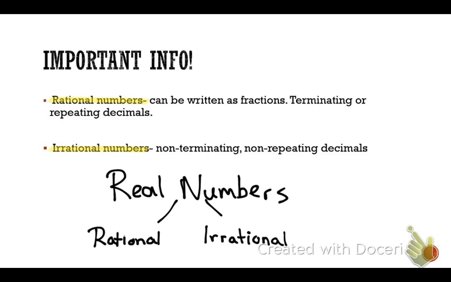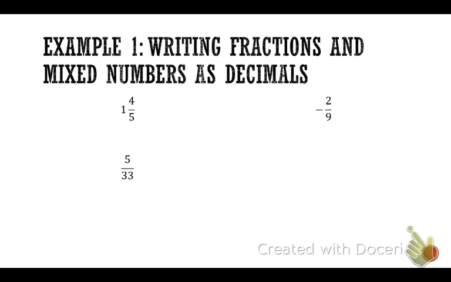How can I show that a number is rational? There's a couple different ways that I can do that. So in example 1, here's really the key behind showing that a number is rational. It's showing that it can be written in what we call A over B form.